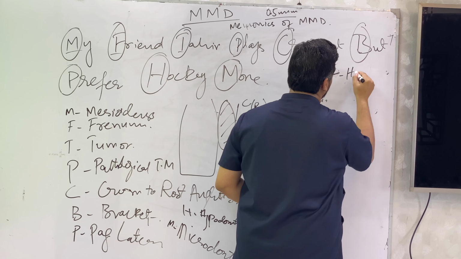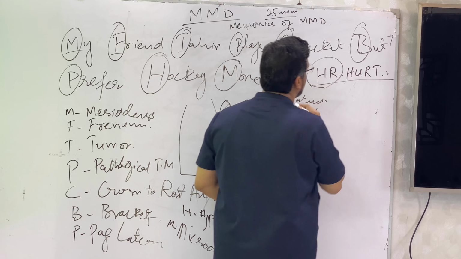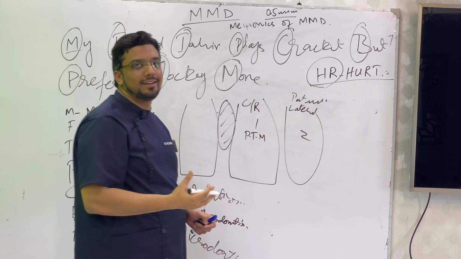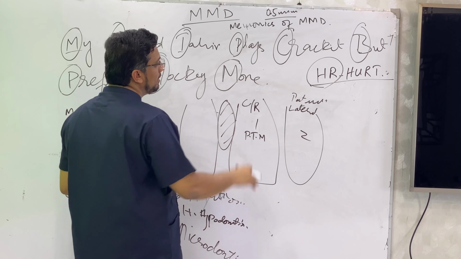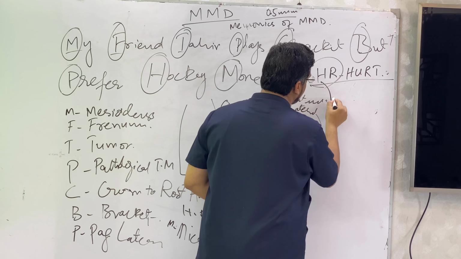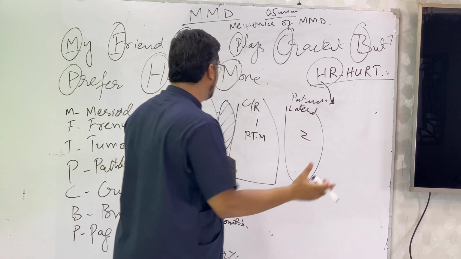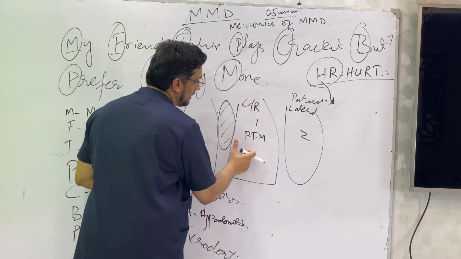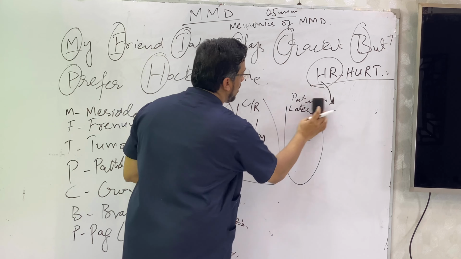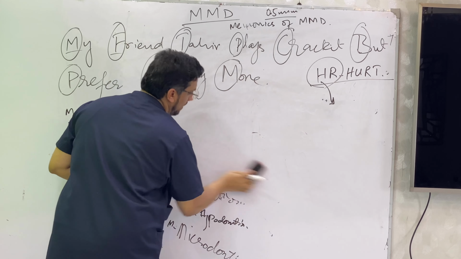HR hurt. There are many departments in an organization, and which department is more lethal, which affects the salaries? HR department. So HR hurt, HR department hurt. Let me create spaces. Now we have lost the rhythm. We started the rhythm from in between the central incisors, then we came to the central incisor, then we came to the lateral incisors. Now we are out of the rhythm and we are away from this.